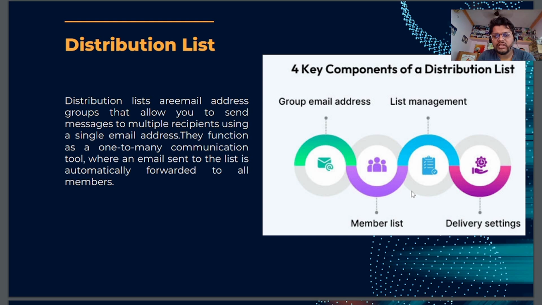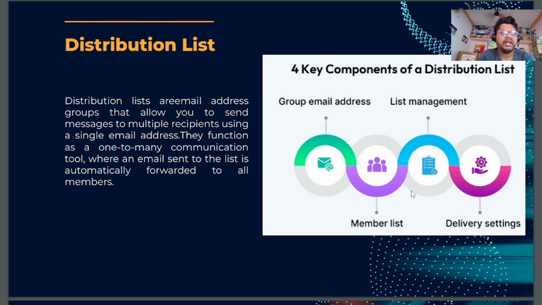You can see the four key components of a DL mentioned. First is a group email address. Like if we are learners, our community will be called learner@microsoft.com.eu or learner@microsoft.com. So this is our group email address. In that learner@microsoft.com, we will add members.